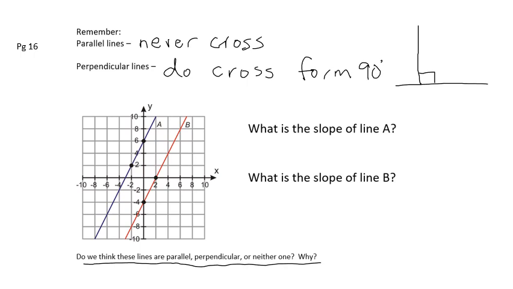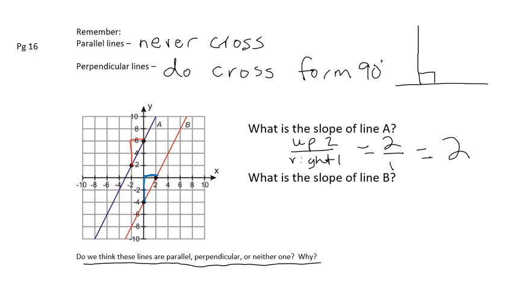But let's check out their slopes. I'm just drawing in the rise and run here. So if we had to do the slope of line A, we would say from the left point to the right point, we would go up 2 and right 1. So the slope is 2 over 1, or 2.